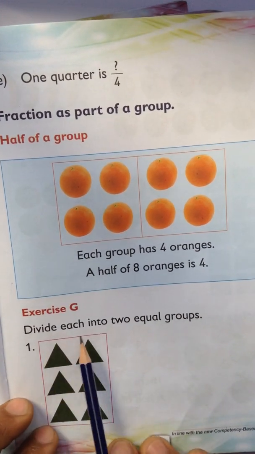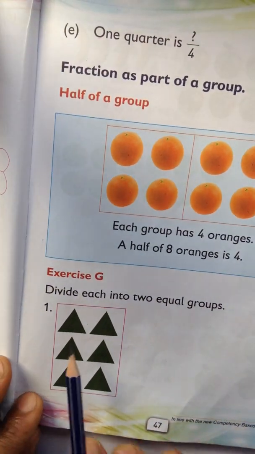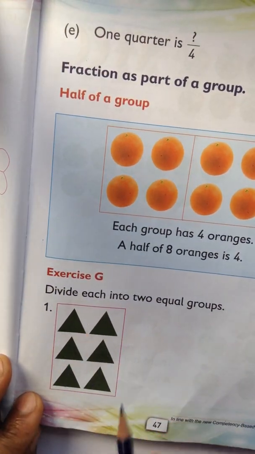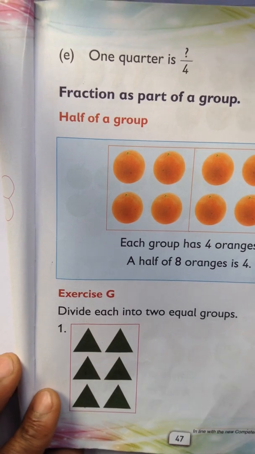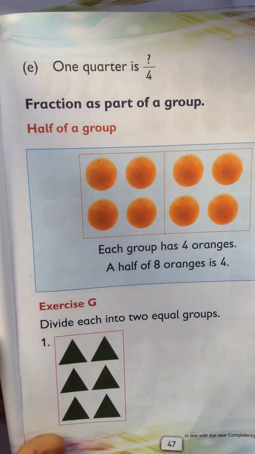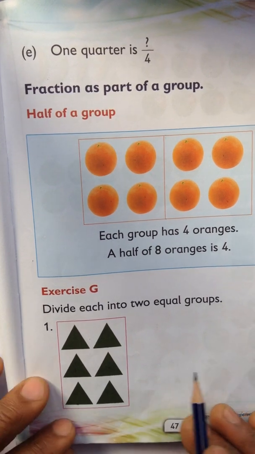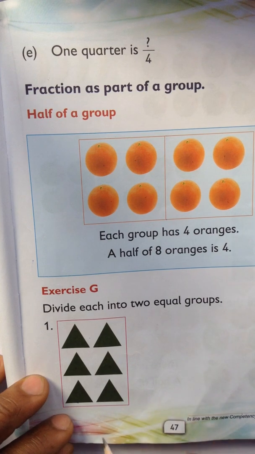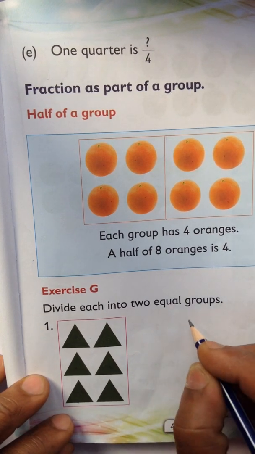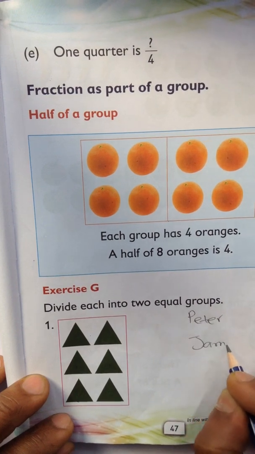Now we proceed to exercise G. Right there we have number 1. You have triangles and you are supposed to divide each into 2 equal parts. You can imagine you are sharing these triangles to maybe 2 friends, call them Peter and James.